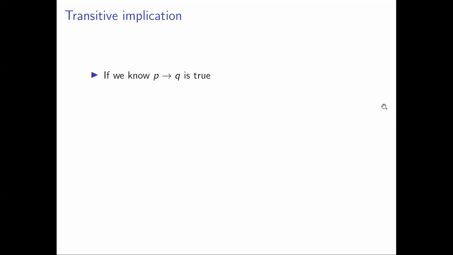So our next rule of deduction is called transitive implication. Suppose we know that P implies Q is true, and suppose we also know that Q implies R is true. Then we can conclude that P implies R is true.